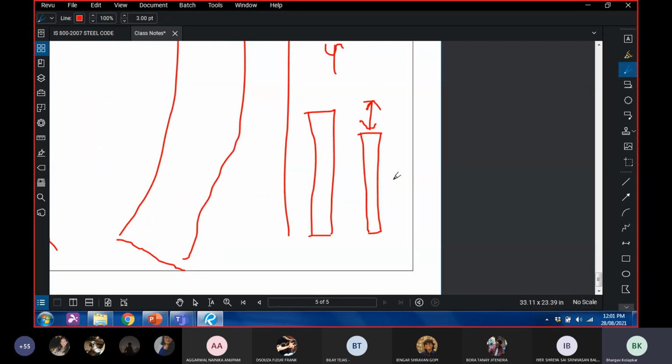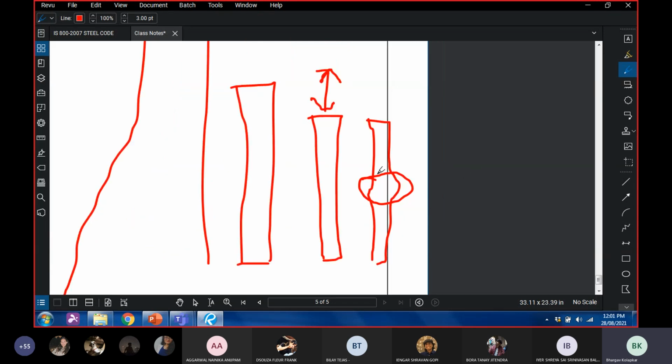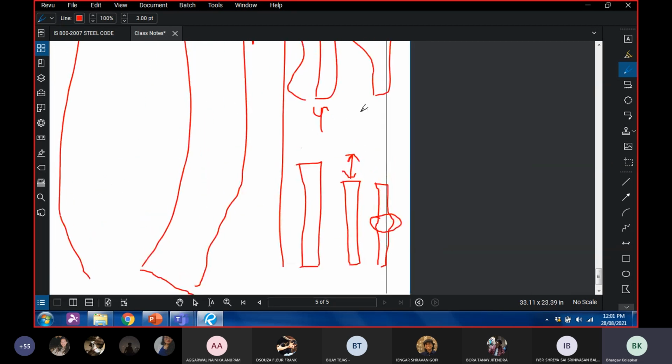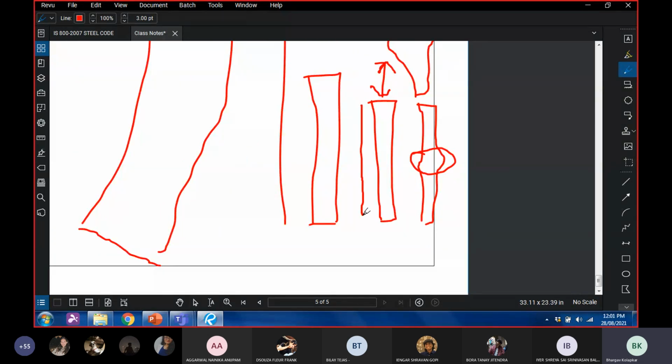But when it is actually failing, we might have something like this. But this really does not mean that it is deflecting that way. This is just localized, in concrete it is crushing. It is a localized squashing that is happening. It does not mean that the deflection of the member is like this. The deflection of the member is still vertical only.